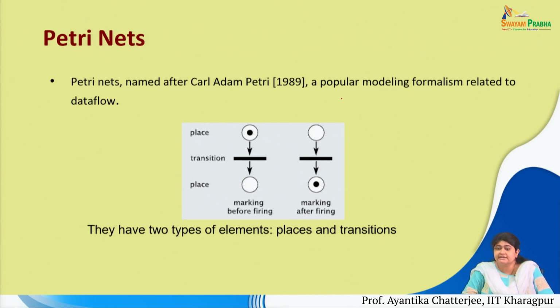That is named after Carl Adam Petri, who proposed this concept back in 1989. Now, in a Petri net we have two types of elements. We have places, you can see in the circle, with some tokens inside, and this is the transition. So what is happening?